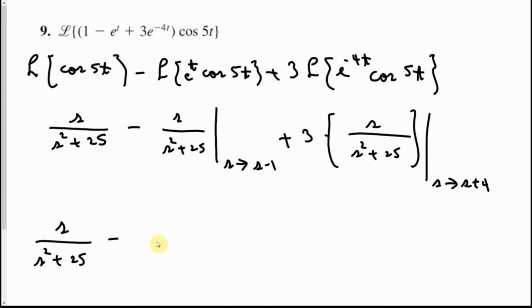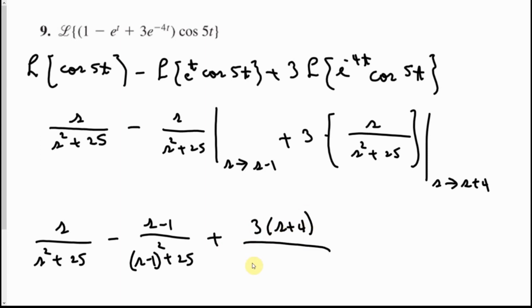This is minus, wherever I see s, I'm going to write s minus 1, so this is s minus 1 over s minus 1 squared plus 25, plus 3 times s plus 4 over s plus 4 squared plus 25.